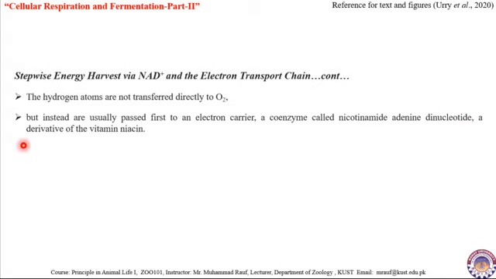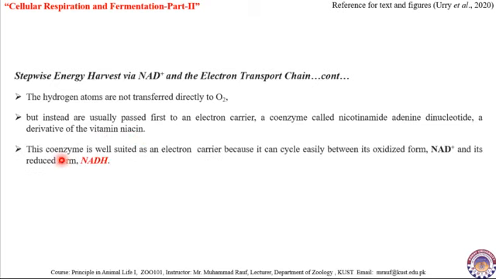So NAD is a derivative of the vitamin niacin. This coenzyme is well suited as an electron carrier because it can cycle easily between its oxidized form, which is NAD+, and its reduced form, which is NADH.